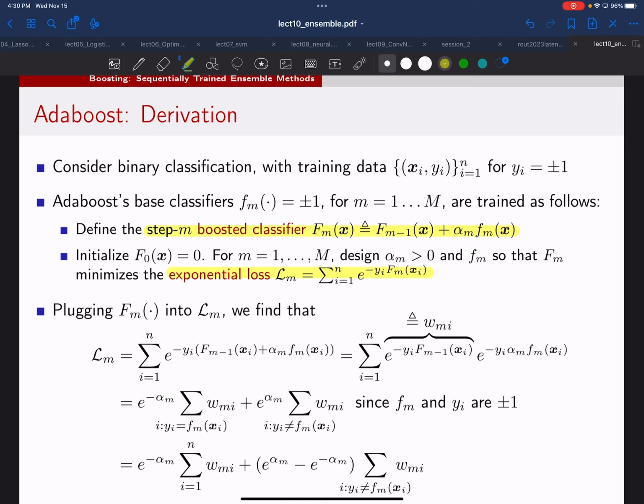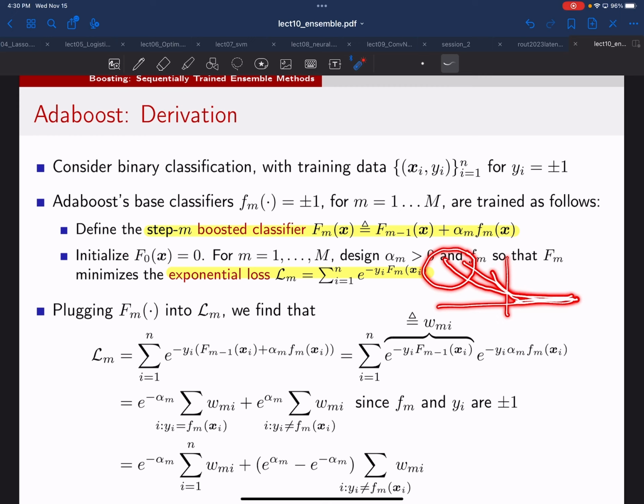It is a little bit of a weird loss otherwise. Just to give you some perspective, we've seen a couple of other losses for classification. We have seen hinge loss, which looked like this. We saw logistic loss, which looked kind of like this. In both these cases, the slopes down here were linear.